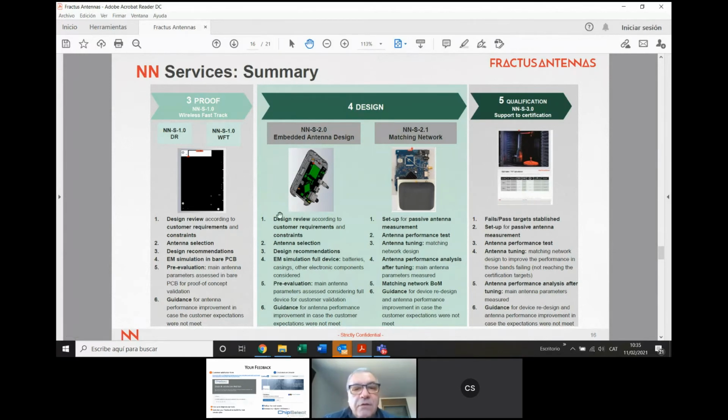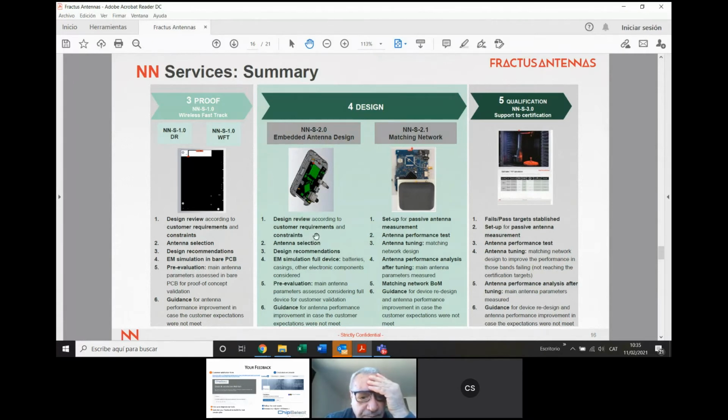The second one is when we are coming from a bare PCB to a complete PCB with all the elements of the customer device, including all the ICs, microprocessors, RF modules, mechanical elements, connectors, whatever. So we can make some analysis of this device if we receive the Gerbers and also the 3D model STEP files.